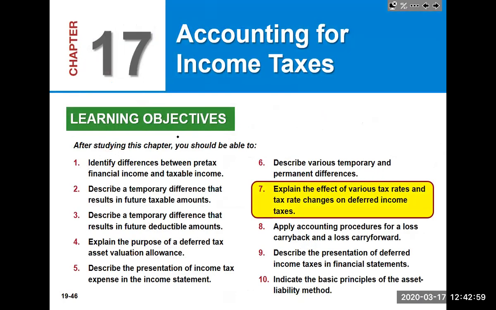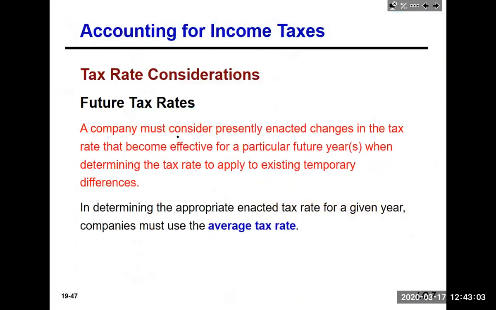Various tax rates here. Tax rate change on deferred income. Keep in mind the key phrase that's not in the Pearson, not in the Wiley, because this is the Wiley PowerPoint. What Pearson has is they talk about tax rates that vary from year to year. The important term, and we'll look at it when we look at the exercises in Pearson, is enacted tax rates.